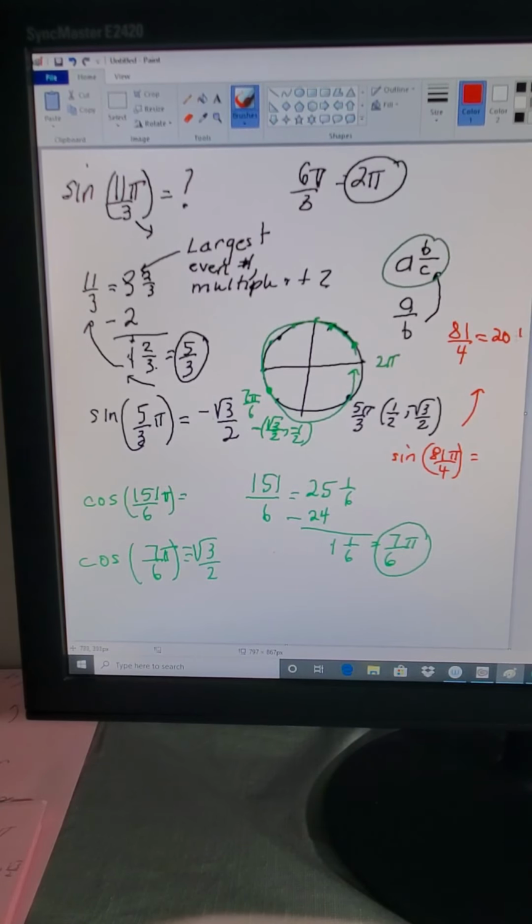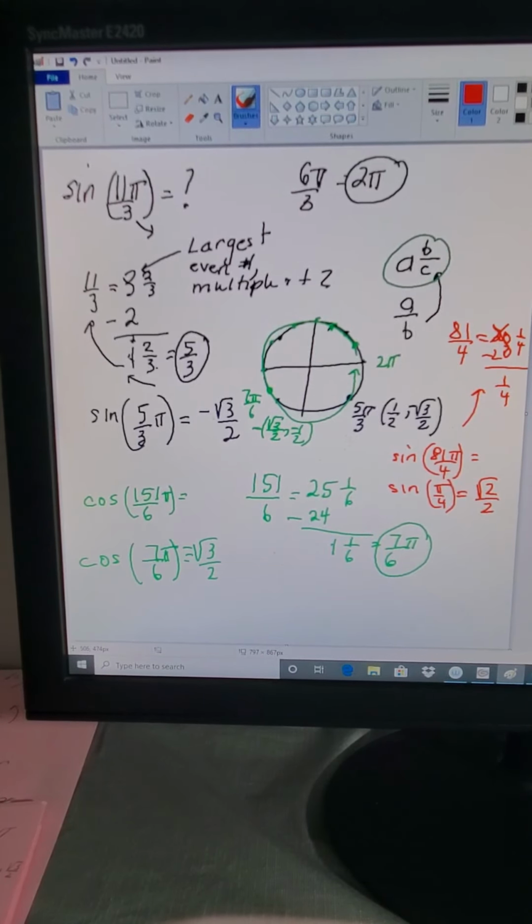20 and 1/4. The 20 is even, so the largest multiple of 2 or even number is 20. So we're going to remove all of 20, and we're left with 1/4. So the equivalent is actually pi over 4. Let me just finish the answer here. That's root 2 over 2.